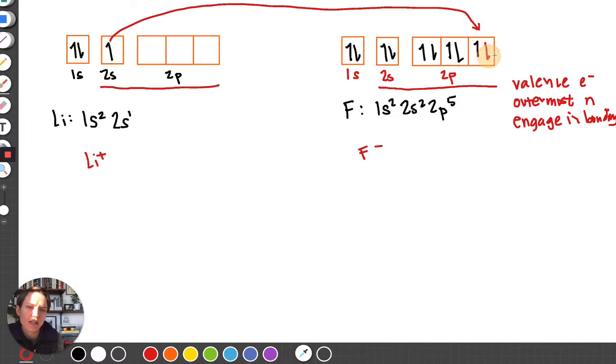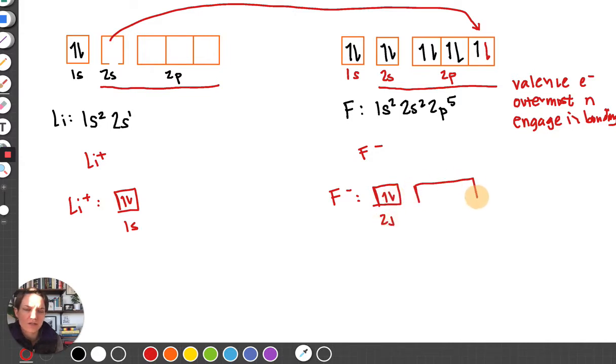Okay, so after that transfer, I'm going to go ahead and get rid of this. What we'll see is that lithium's new electron configuration is just 1s, and fluorine's electron configuration, I'm just going to draw those valence electrons because those are the ones that we're interested in, right?